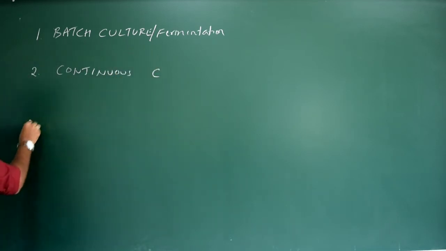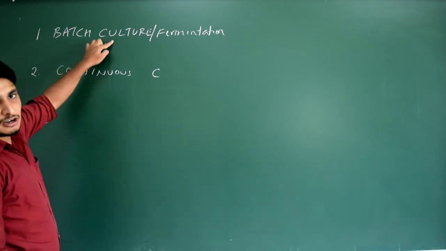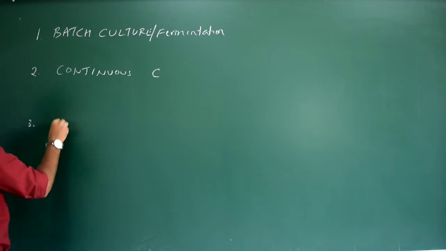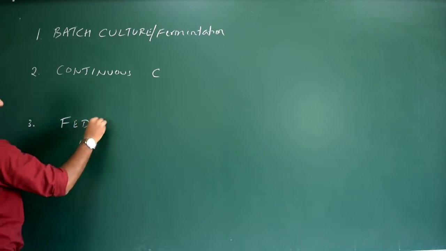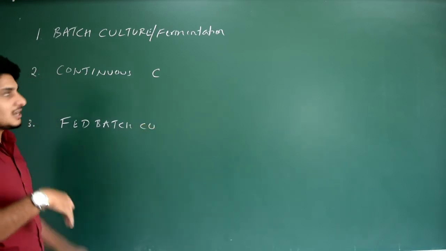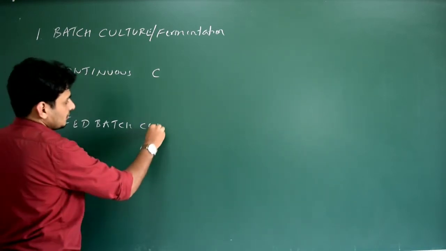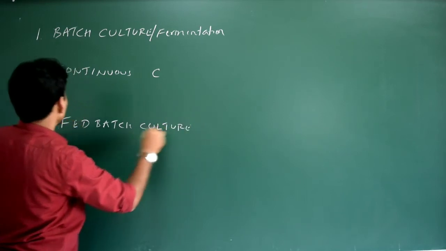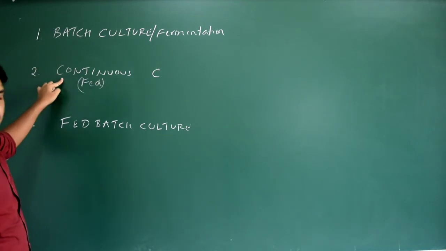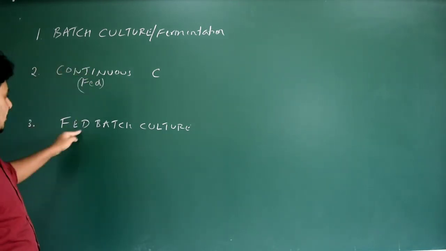The third one, which is actually the mixture of both, is nothing but fed batch culture, that is continuous as well as batch culture. So this can also be called fed culture. That's what fed batch culture.